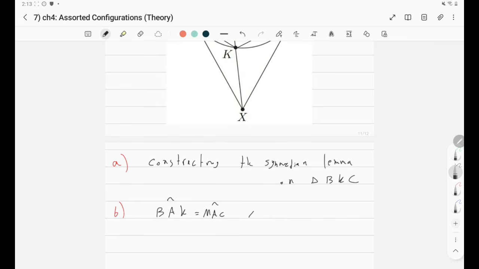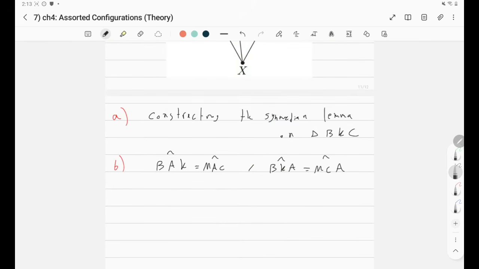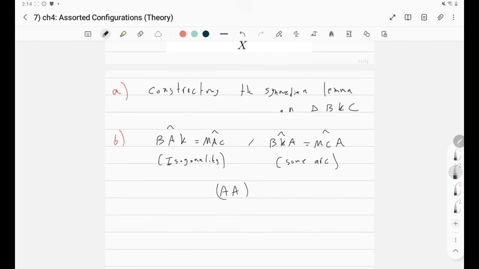We also know that BKA equals MCA. Of course, the first two come from the isogonality. This one here has the same arc. So just by AA we're done. We have two angles, so we get the third.